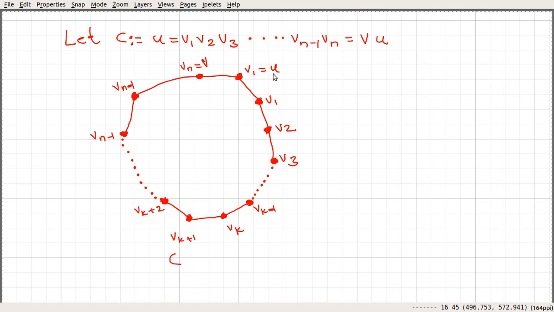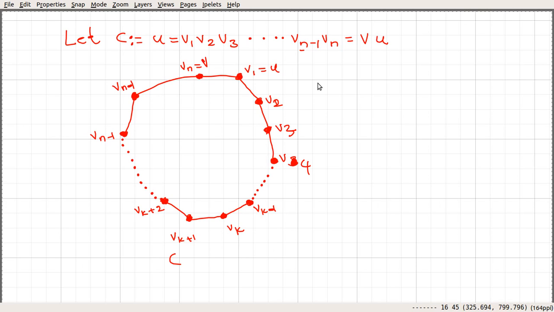So we started from here, U equal to V1, then V2, V3, V4, similarly V2, V3, V4, etc., and it goes something like this, to Vn minus 1 and Vn, which is equal to V, and the final edge.